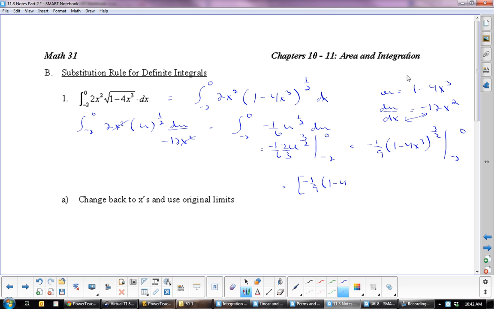We would have 4 times 0 cubed to the 3 over 2 minus negative 1/9 times 1 minus 4 times negative 2 cubed to the 3 over 2.